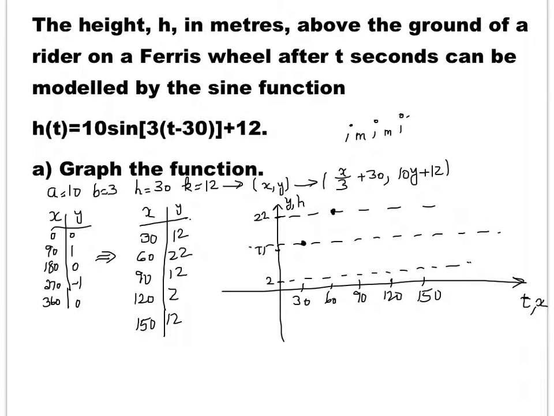Then it's going to be again at 90, our intercept. Then it's going to go to the minimum at 120, which is 2, somewhere around here. And at 150, it's going to go to the midline again, which is 12. So our function is going to look like this graph.